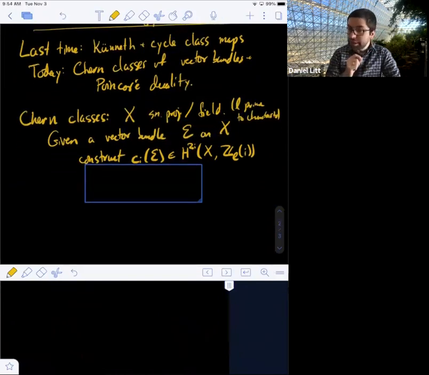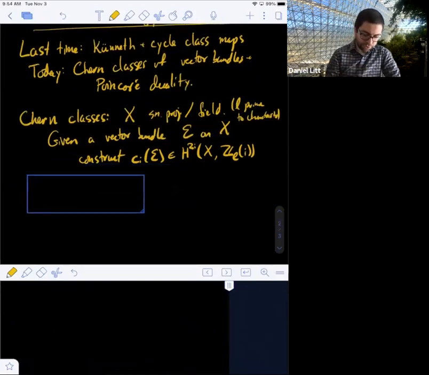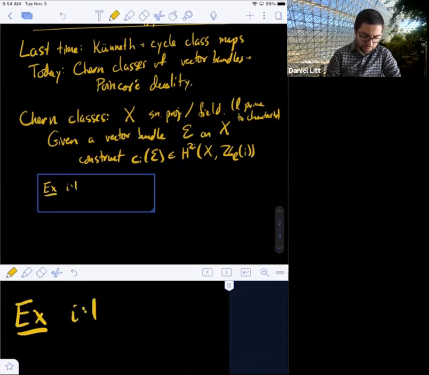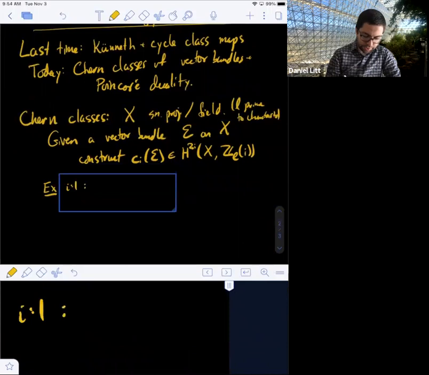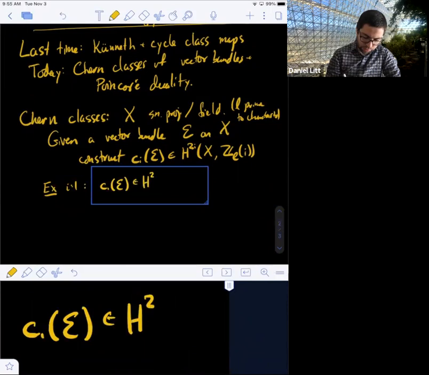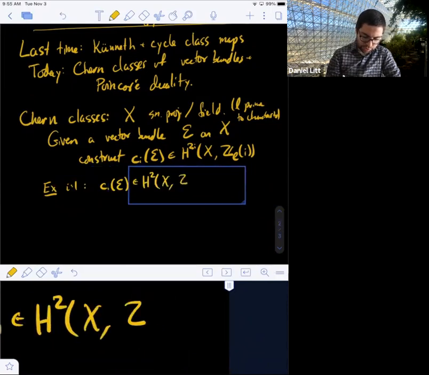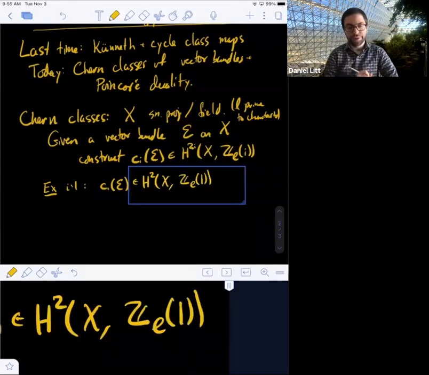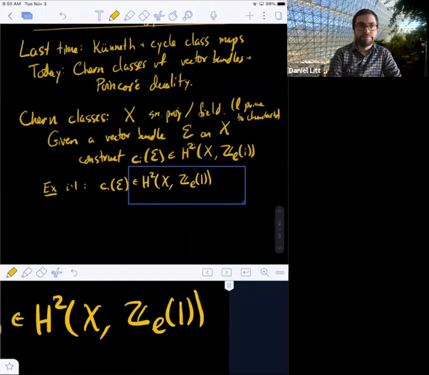Okay, so we've already seen one of these. For example, for i equals 1, we want c_1 of E to live in H^2 of X with coefficients in Z_l(1). So does anyone know how to make such a class associated to a vector bundle? Any thoughts?